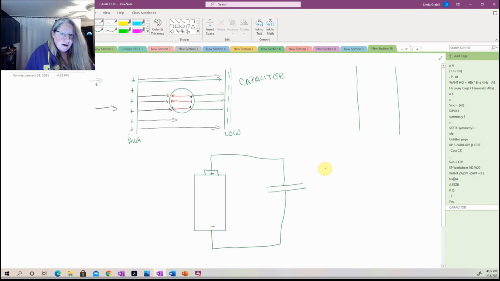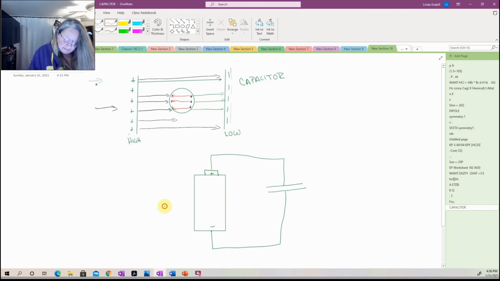I'm going to talk about it in terms of positive charges simply to keep everything consistent, but I do want to remind you that it's electrons that are actually moving. Let's come back here because this is more exciting.